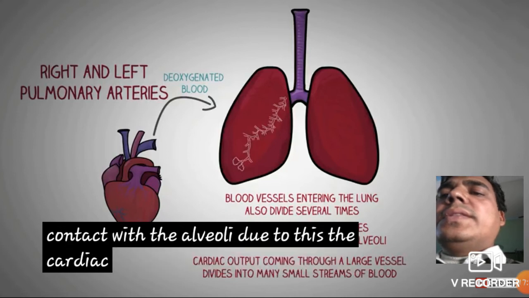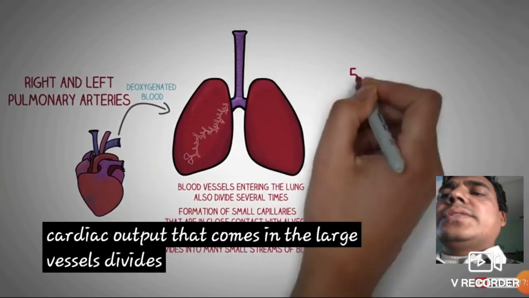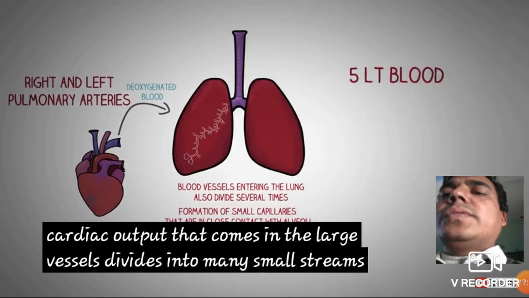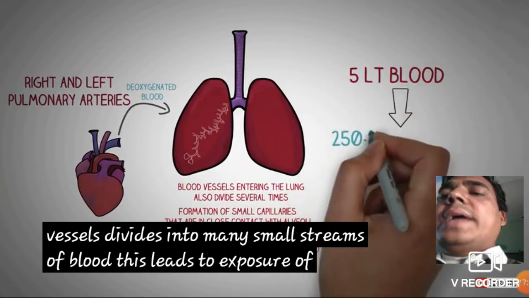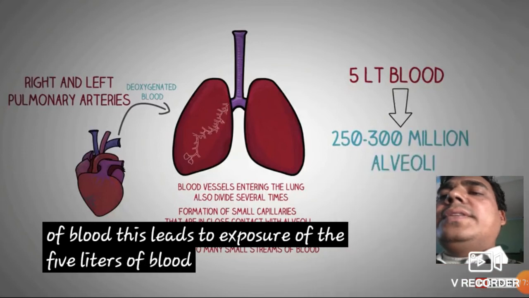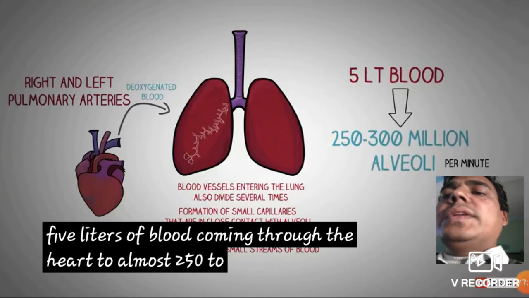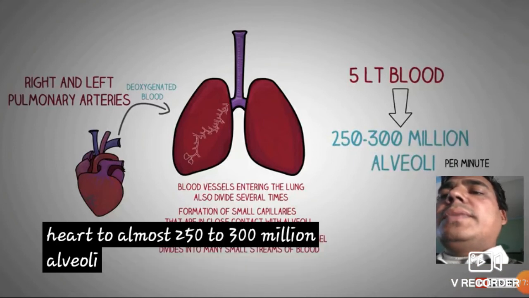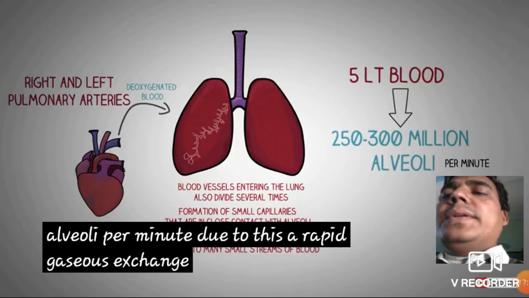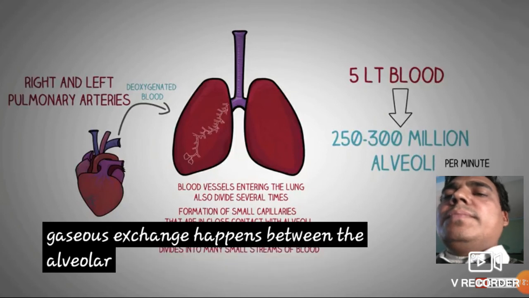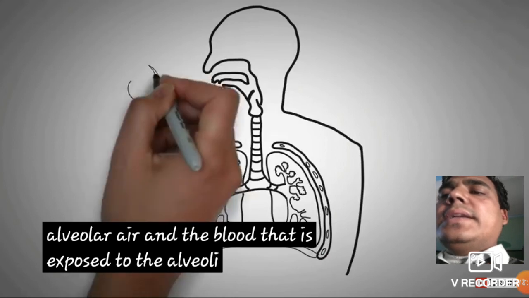Due to this, the cardiac output that comes in the large vessels divides into many small streams of blood. This leads to exposure of the 5 liters of blood coming through the heart to the almost 250 to 300 million alveoli per minute.